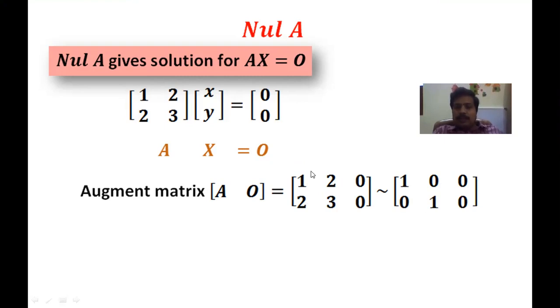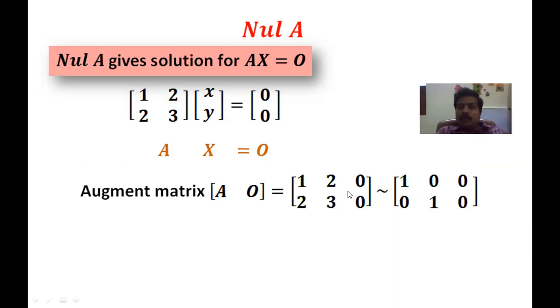Since we have already seen that this part is reduced to 1, 0 and 0, 1, and since the entries of the last column are 0, the elementary row operations will not impact the zeros. So the same will remain as zeros. So this is the reduced echelon form of this augmented matrix.